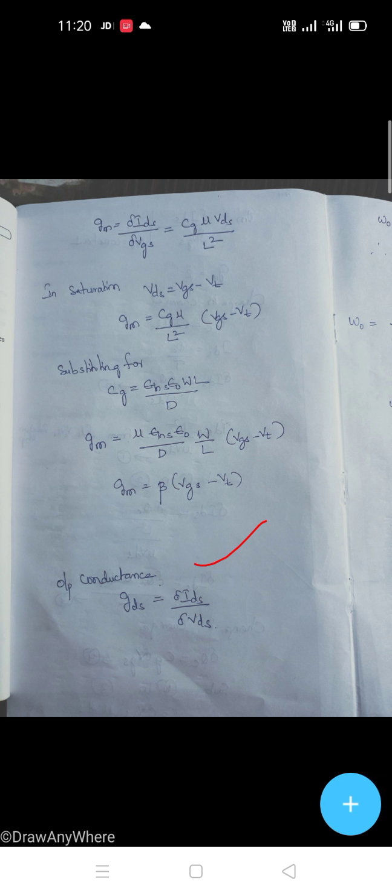The output conductance GDS is denoted as delta IDS by delta VDS. We don't have any derivation for output conductance, just that GDS is equal to delta IDS by delta VDS. This is the relationship for transconductance GM and output conductance GDS. This is very important. This is the second topic, related to transconductance GM.